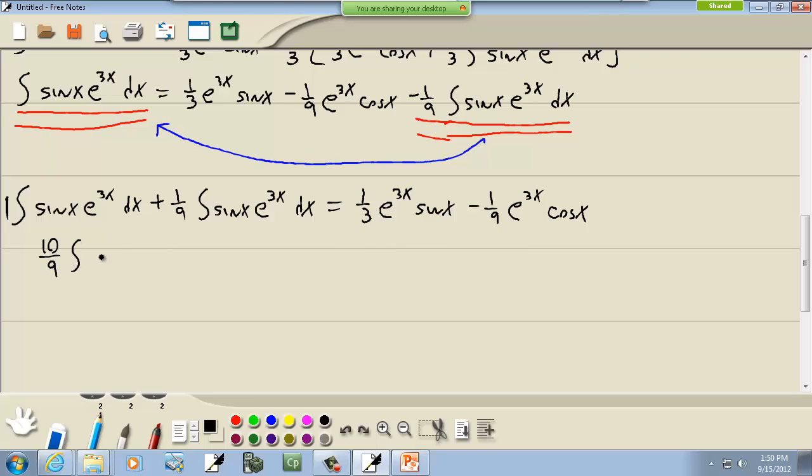So this becomes 10/9 times the integral of sine x e to the 3x dx equals the other side. We want to get this by itself, so we're going to multiply both sides by 9/10, the reciprocal of those numbers.